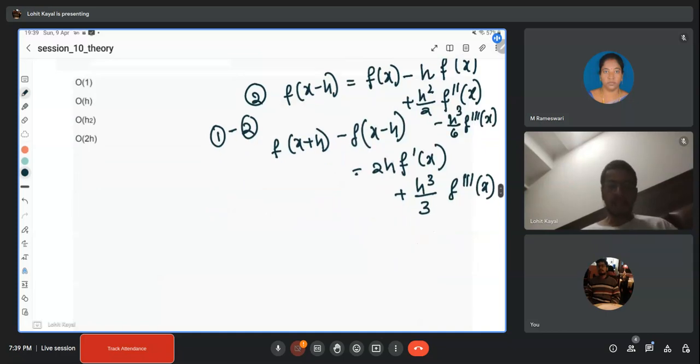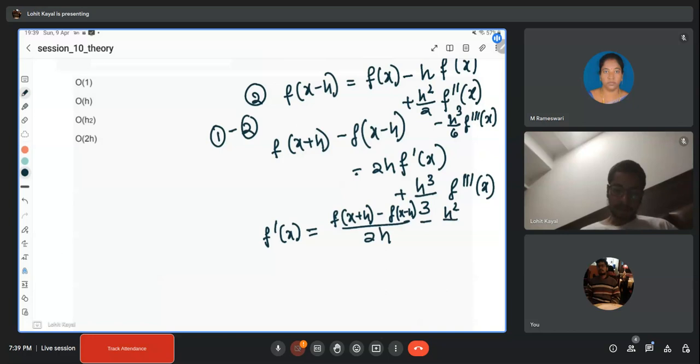Now I want to find the value of f prime of x. This is my agenda. So I divide by 2h. Then f prime of x will be equal to f of x plus h minus f of x minus h by 2h minus h square by 6 f triple prime x.